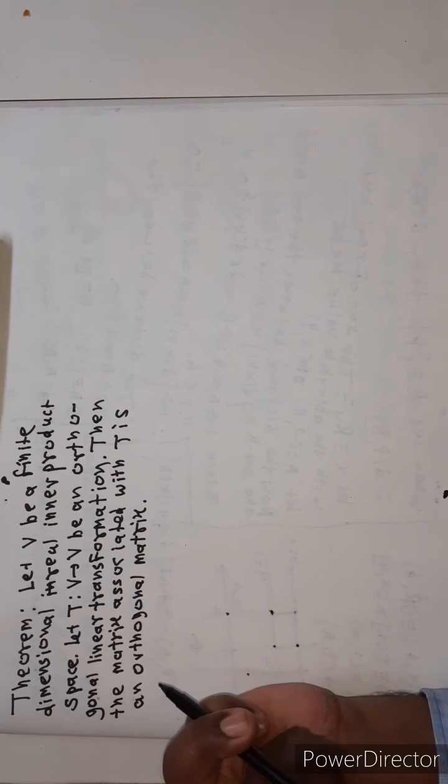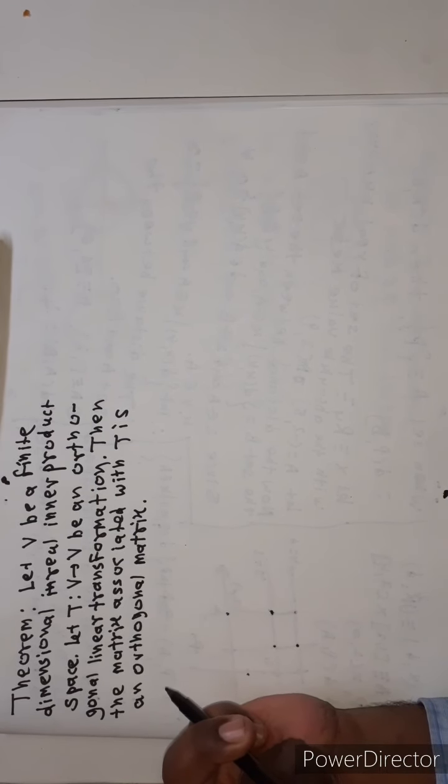V is a finite dimensional real inner product space and T from V to V is an orthogonal linear transformation. Then the matrix of this linear transformation with respect to some orthonormal basis is an orthogonal matrix. This is the theorem. Let us prove this.